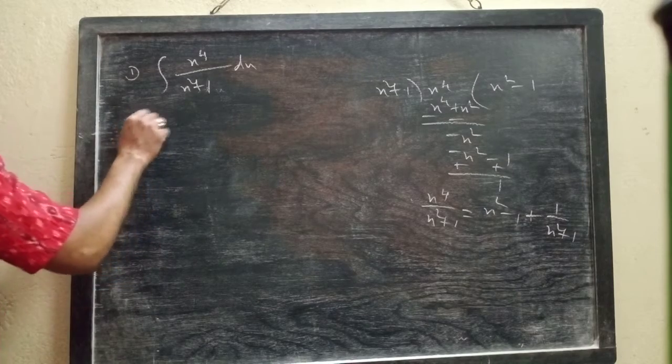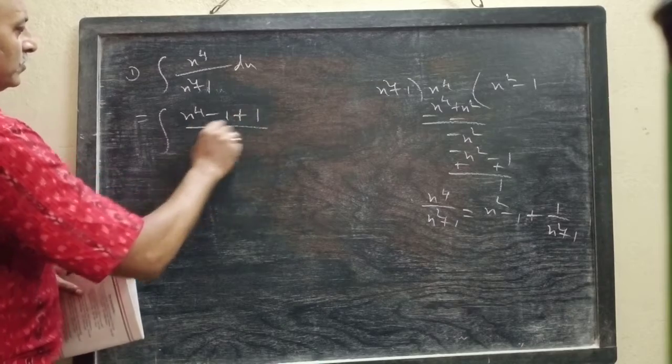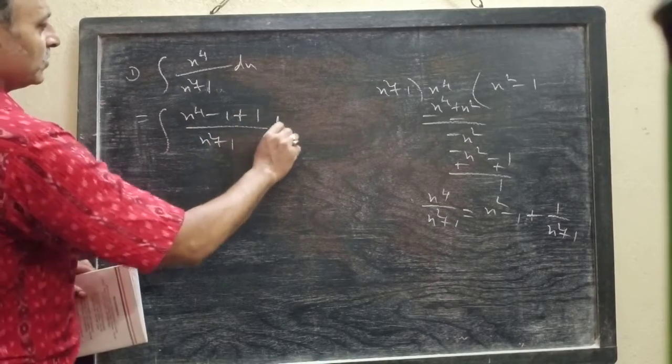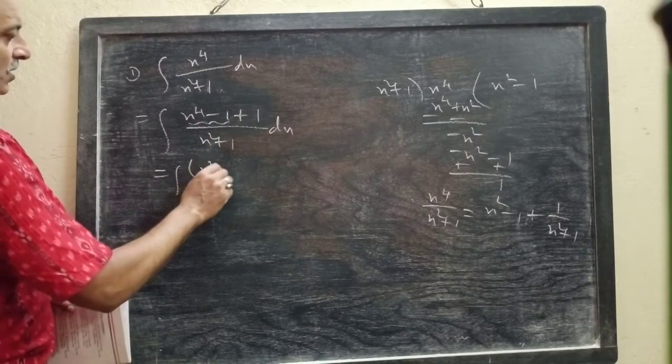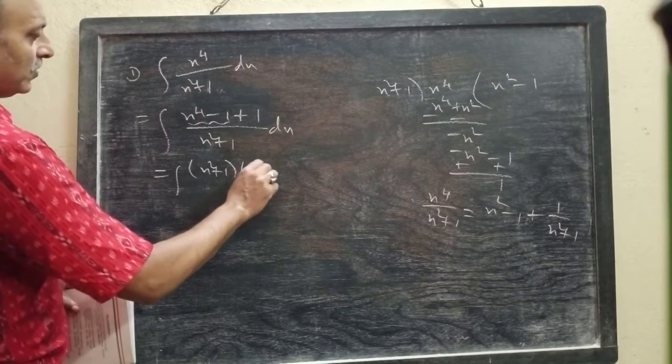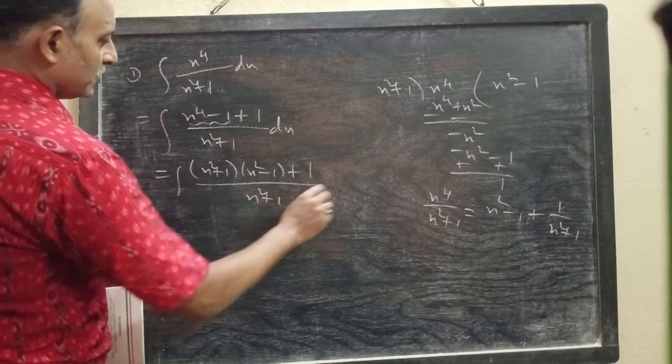Or you can do it in this way also. Just write here minus 1 plus 1 by x square plus 1 dx. Now just split this x square plus 1 into x square minus 1 plus 1 by x square plus 1 dx.